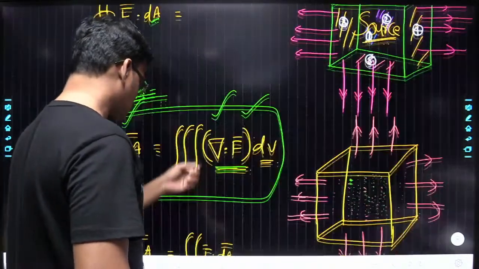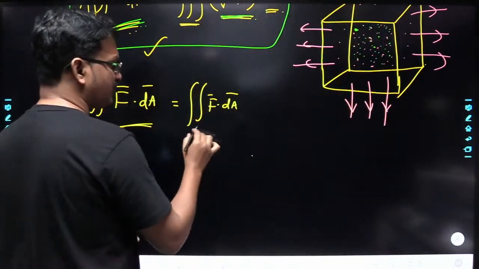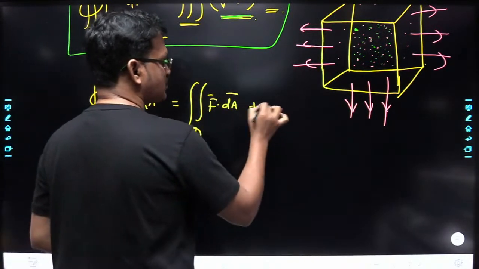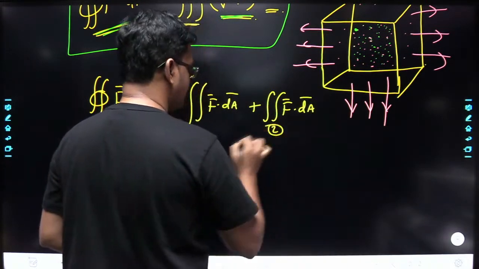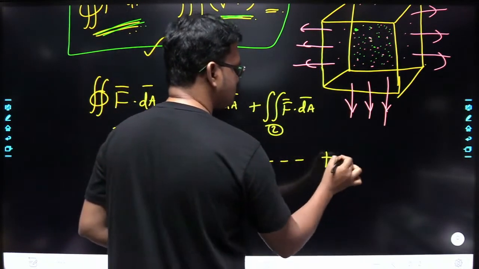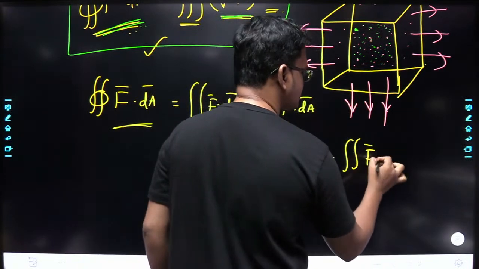So you have to determine the flux through the first surface, plus the flux through the second surface, plus so on, up to the sixth surface.